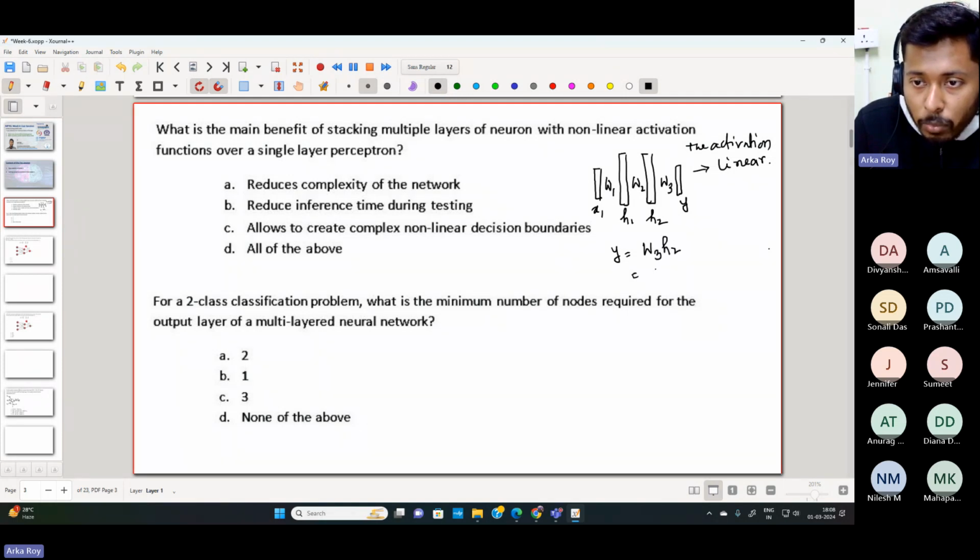Then H2 comes from H1, so W3 into W2 into H1, and H1 comes from W1 multiplied with X1. Obviously there will be a transpose sign depending on the direction of multiplication. Therefore, while propagating the input to the output layer, the number of multiplications increases as you increase the number of hidden layers.